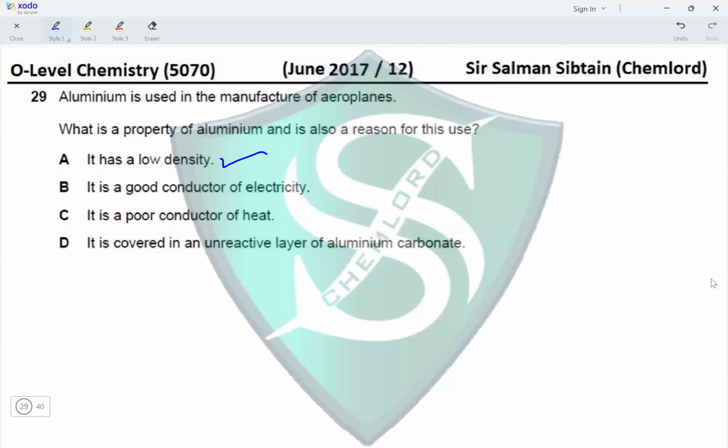We do not use aeroplanes to conduct electricity ever. It is a poor conductor of heat. No, it is a good conductor of heat. We use aluminum utensils for cooking. It is covered in an unreactive layer of aluminum carbonate. No, it is covered in an unreactive layer of aluminum oxide. So the correct option here is option A.